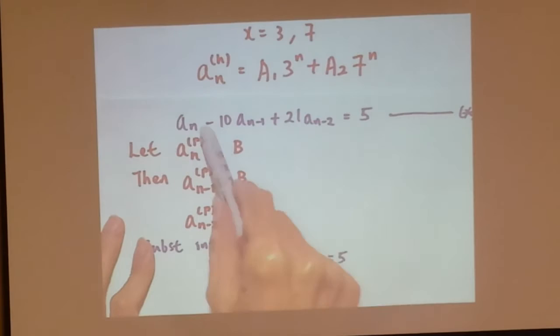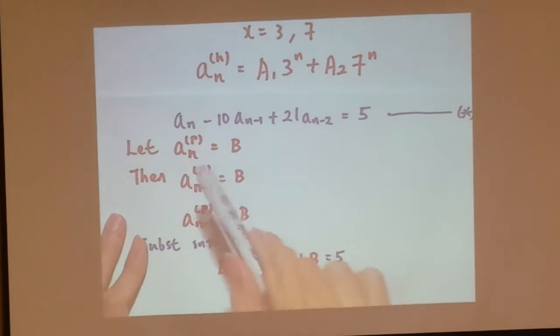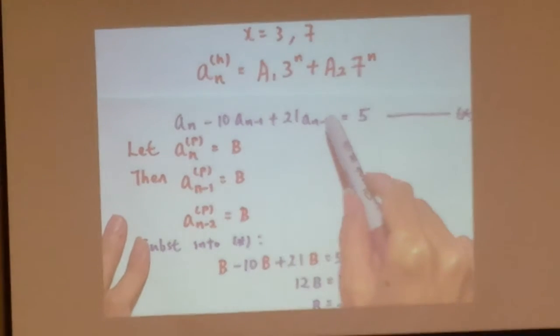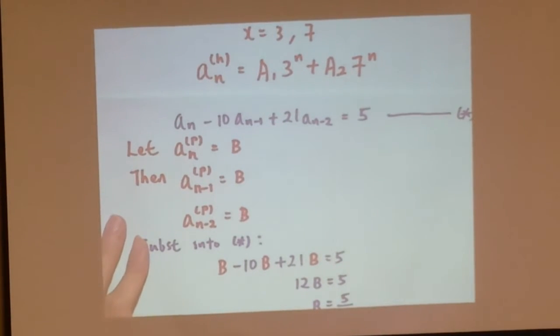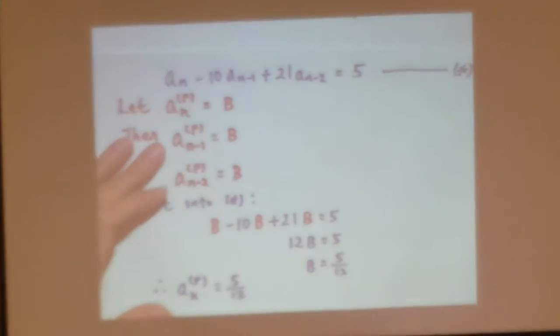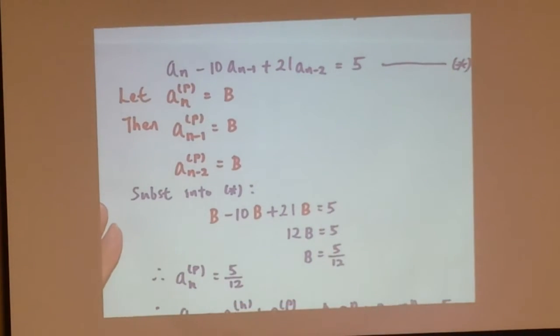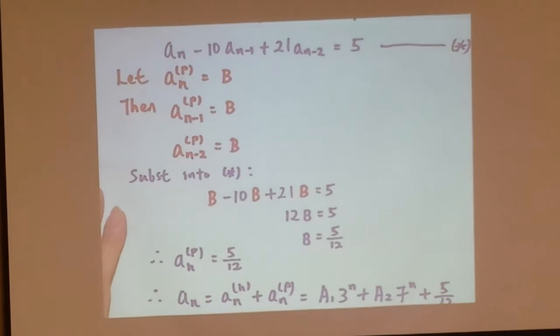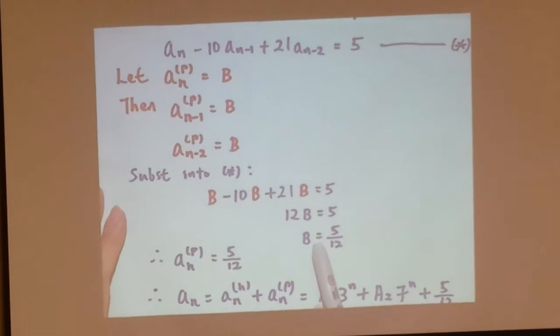So you substitute a_n to be b, a_{n-1} to be b, a_{n-2} to be b, solve for b, and then you know your a_n^t. After that, a_n is a_n^h plus a_n^t, so you add a_n^h, then plus a_n^t, which is 5 over 12.